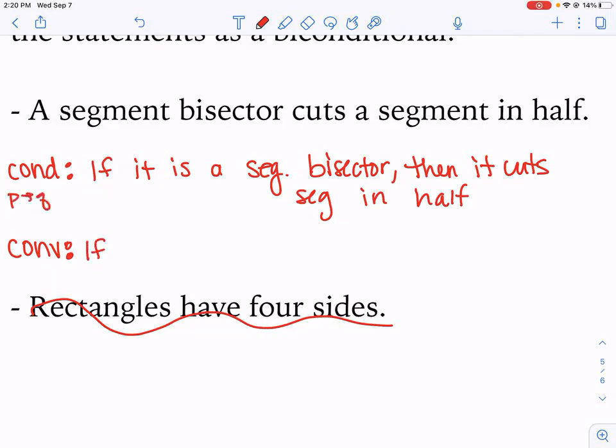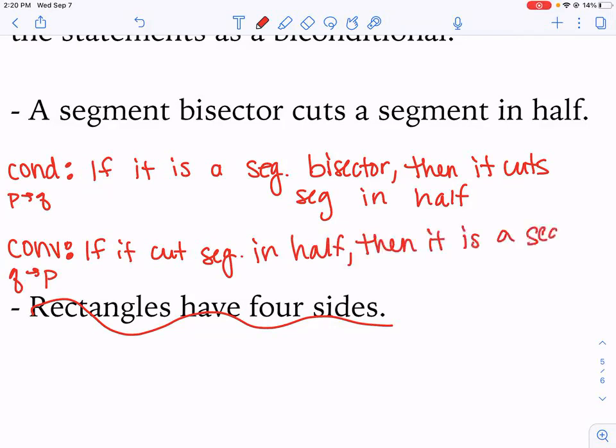Okay, so P then Q. How about if Q then P? If it cuts the segment in half, then it is a segment bisector. Is this your statement?